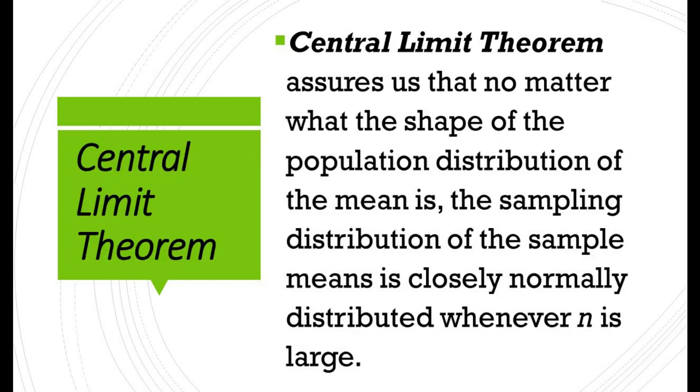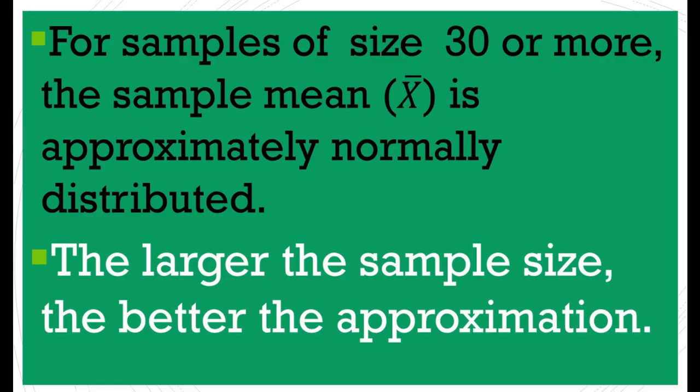So the central limit theorem assures us that no matter what the shape of the population distribution is, the sampling distribution of the sample means is closely normally distributed whenever your n, or your sample size, is large. For samples of size 30 or more, the sample mean is approximately normally distributed. Basically, the larger the sample size, the better the approximation.